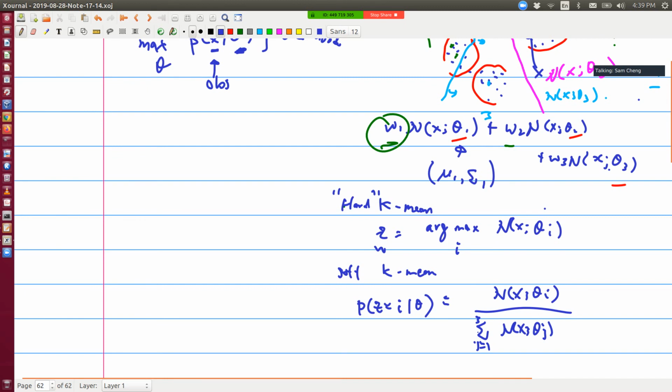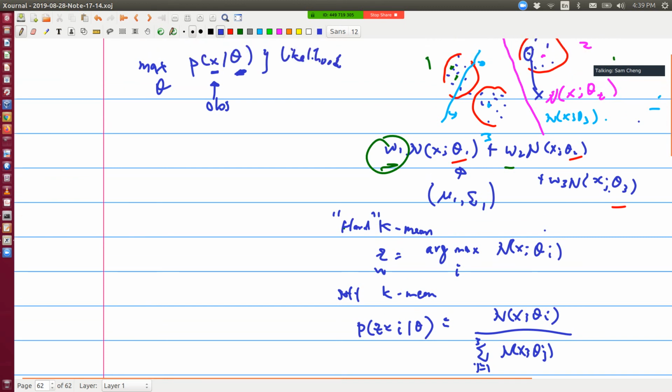I said I lied because in practice, remember, Benny also mentioned one thing: you want to see which cluster is actually bigger, more likely. So there's a weight here. The weight is also another estimate along the way. W is, at the current moment, which cluster you believe is bigger.